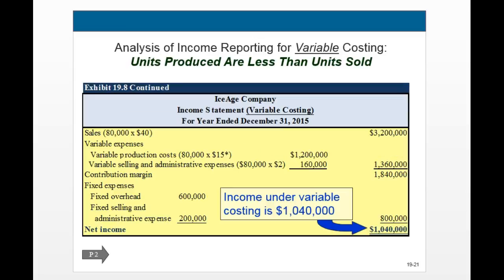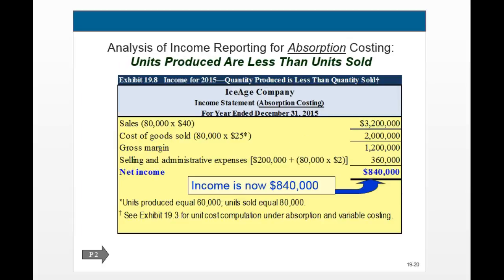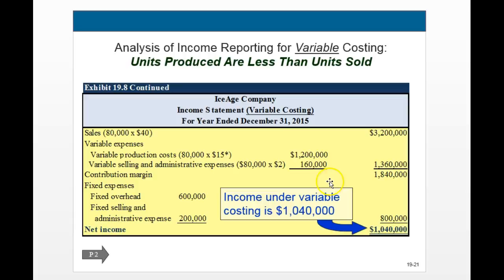So if we come down and look at it under variable, we get an entirely different look. Now I'm showing a net income of $1,040,000, and that's simply because I pulled 200,000 out using the absorption, and here that amount was already removed.